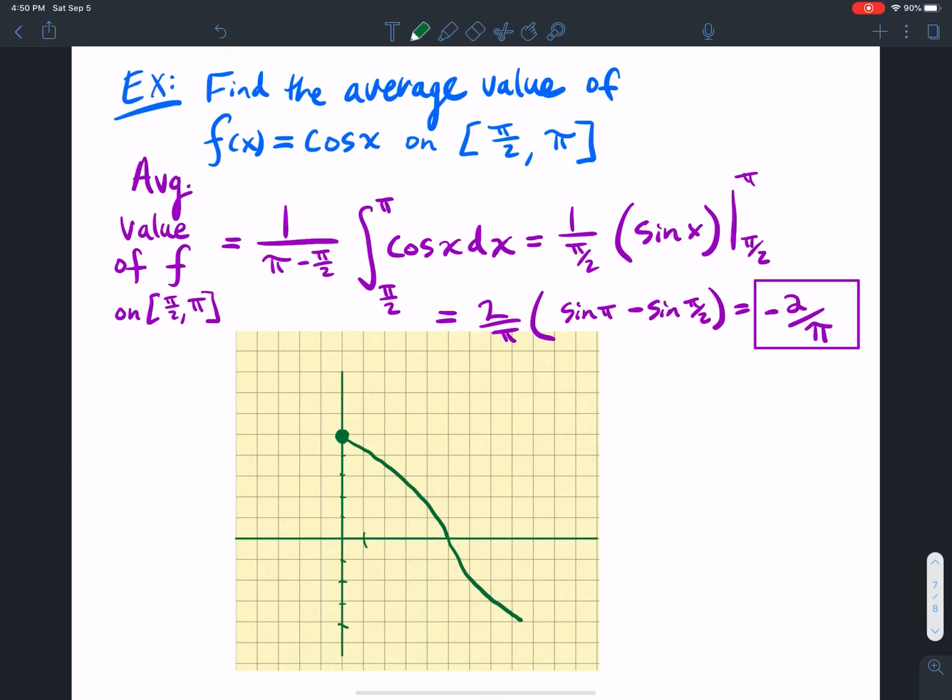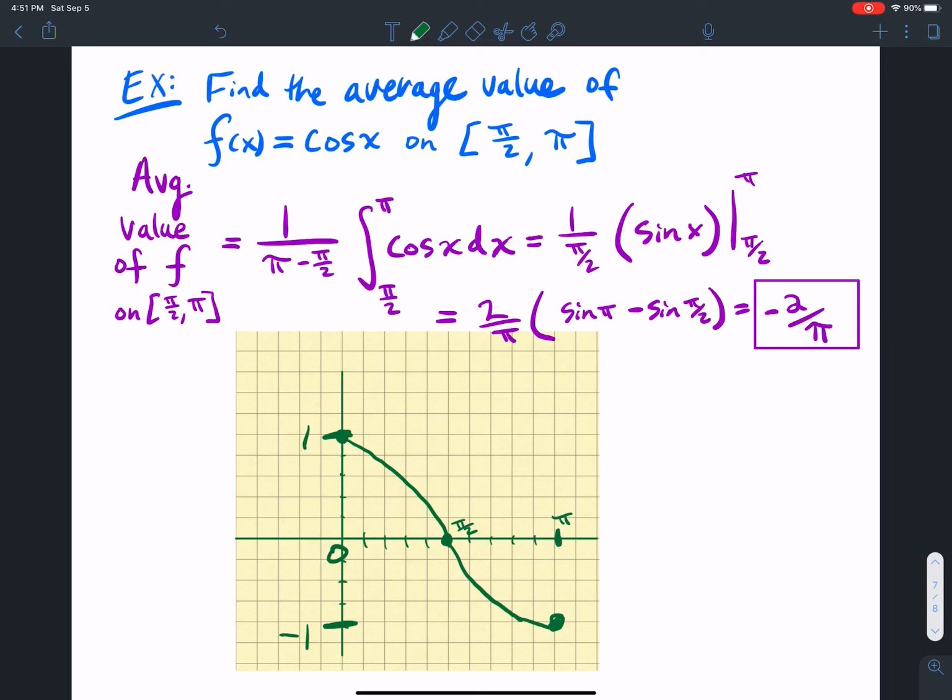So that's over 1, 2, 3, 4, 5. 1, 2, 3, 4, 5. Like this, okay? So this would be 0. This point here would be pi over 2. And then this point here would be pi. So down here would be negative 1. Up here would be 1.